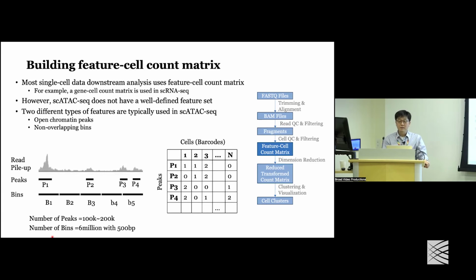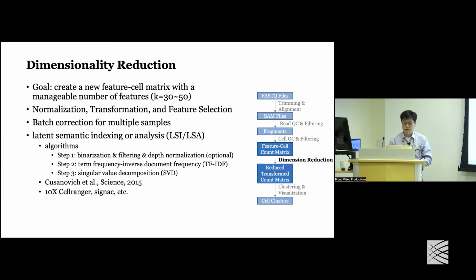But luckily, many of these features in this count matrix are correlated, and dimensionality reduction techniques can be applied to reduce and compress the data. That's what I'm going to talk about.